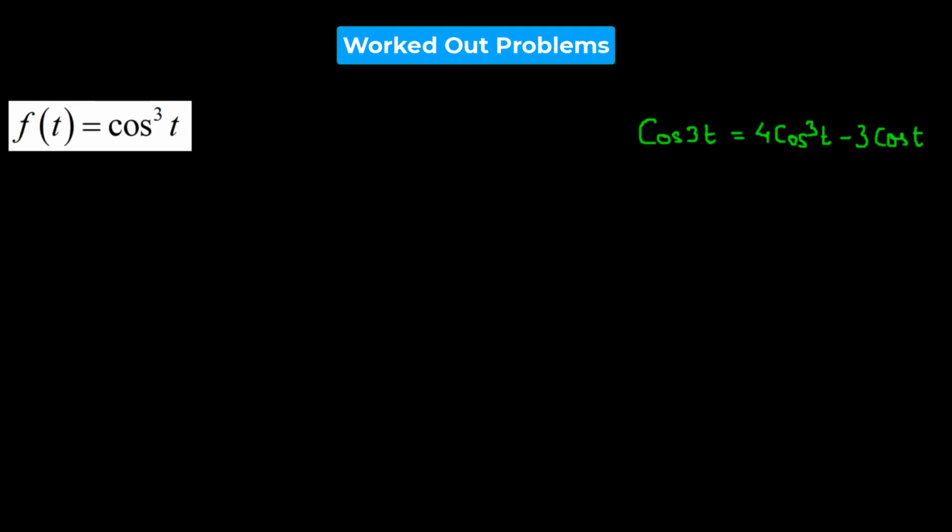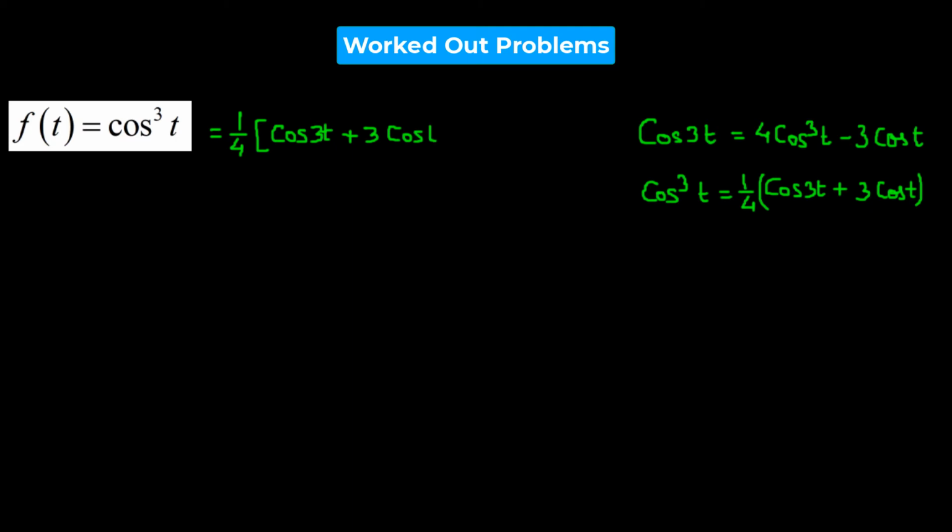Now if we arrange the terms, we have cosine cubed of t equals (cos 3t plus 3 times cos t) whole divided by 4. So we have 1 over 4 multiplied by (cos 3t plus 3 cos t).